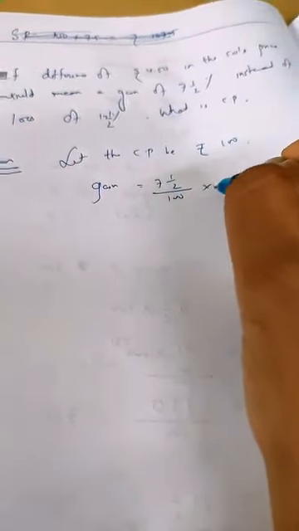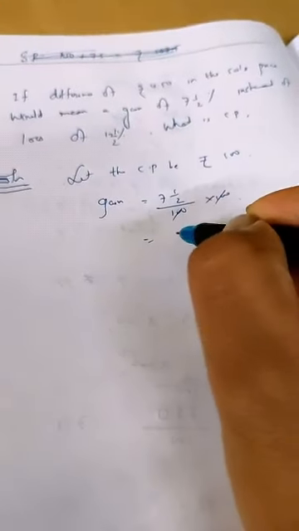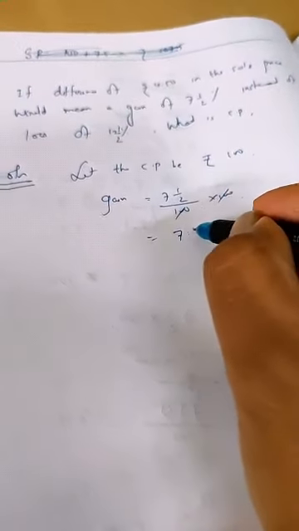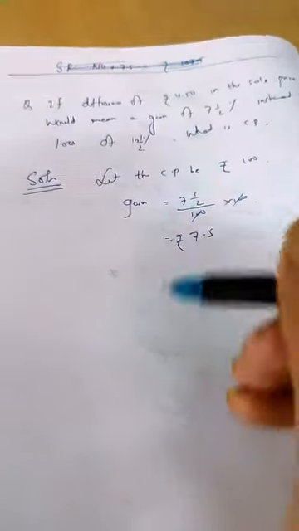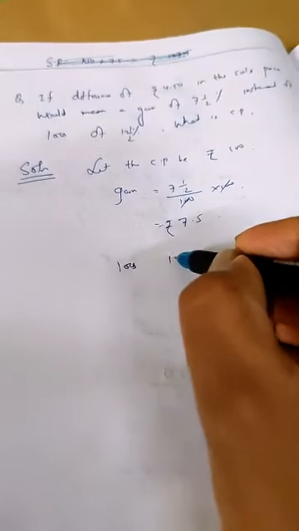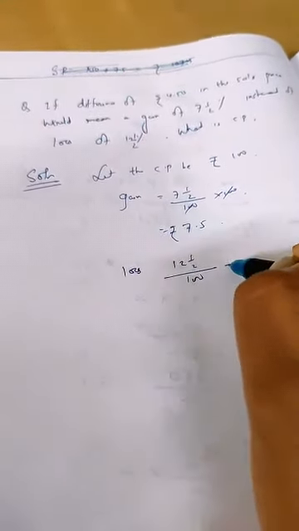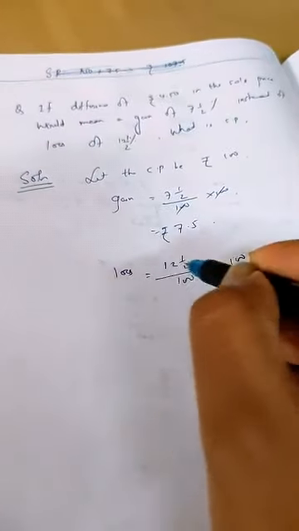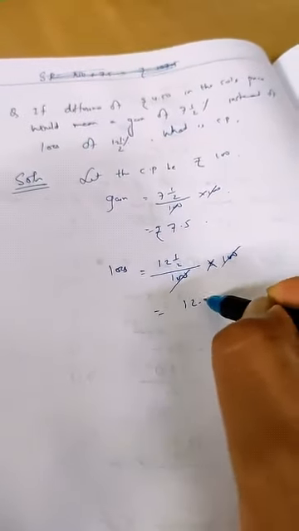rupees 100. So gain is 7.5% of 100, that means 7.5. Loss is 12.5% of 100, that means rupees 12.5.